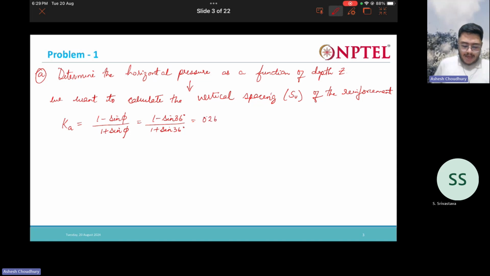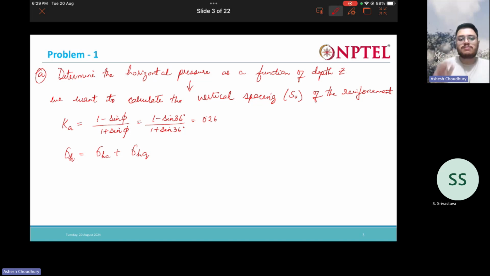All right. Now next, what will be your horizontal pressure? The active plus that from the surcharge load. Here you can consider other factors also, like seismic load and live load. As per your requirement, you can add whatever forces you want.